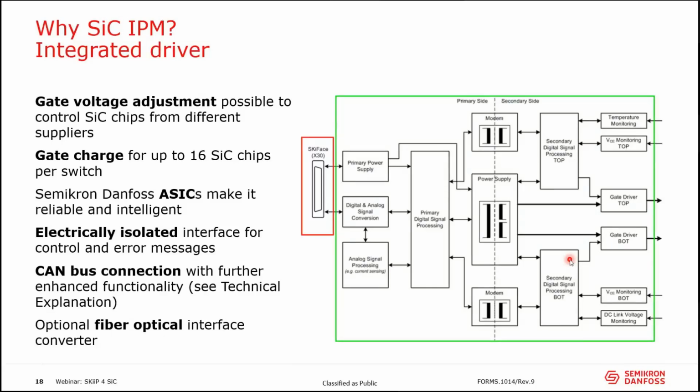The SKiiP 4 silicon carbide IPM also has an integrated driver with reinforced isolation. We have a possibility for gate voltage adjustment in the driver itself so that we can control silicon carbide chips from different suppliers. We have a possibility to change the gate charge so that we can vary the number of chips in the module.